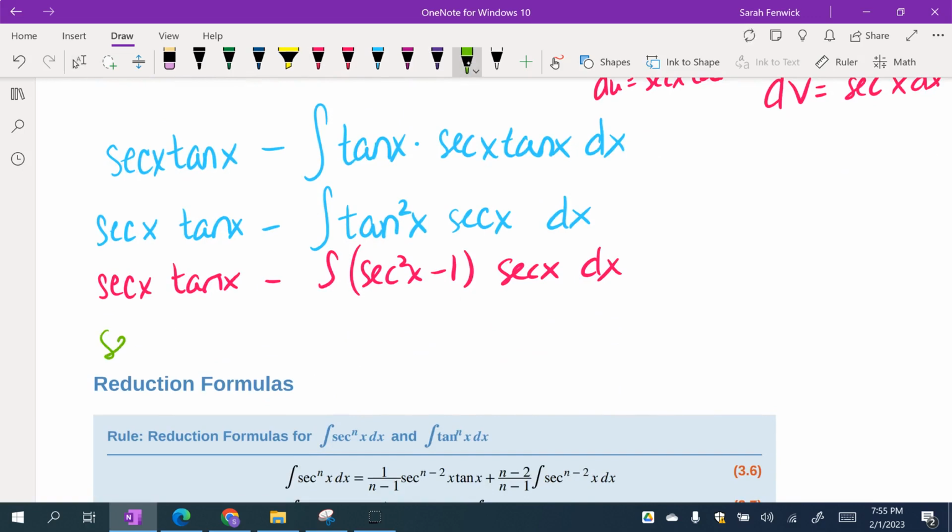Distribute: the integral of secant to the third x minus secant x dx.